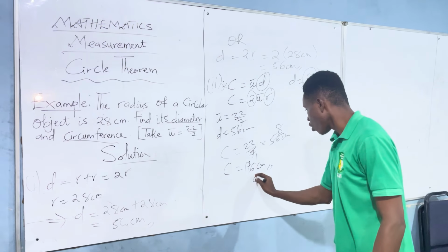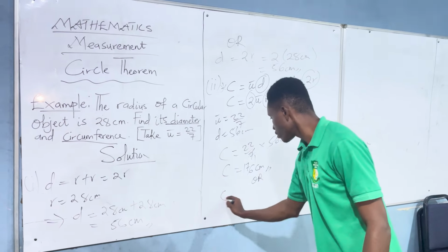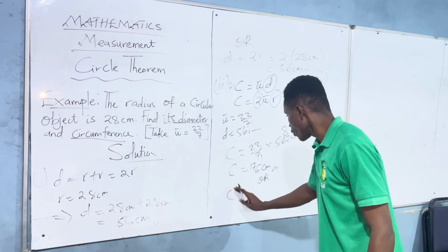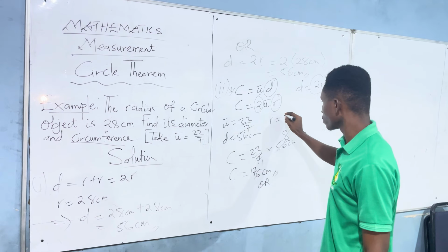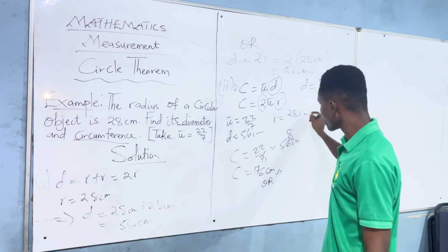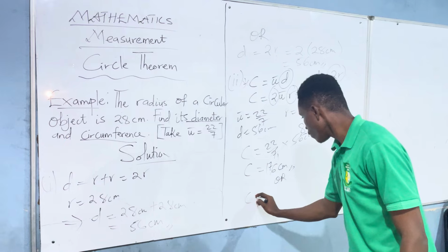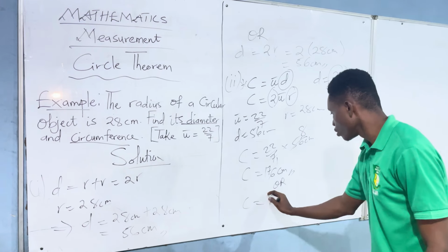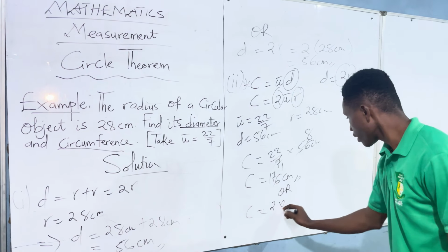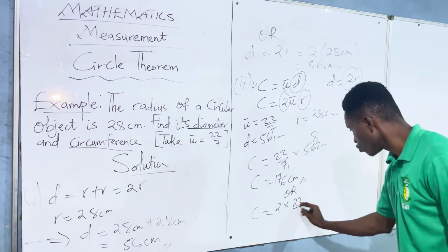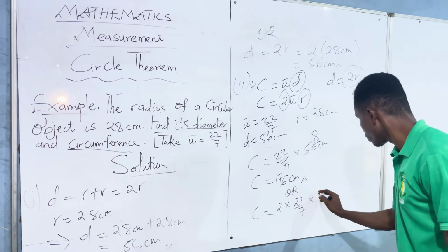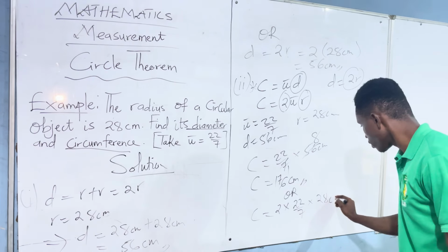So for this one too, we know our radius is 28 centimeters. With the same, we have our c is equal to 2 times 22 on 7 times 28 centimeters.